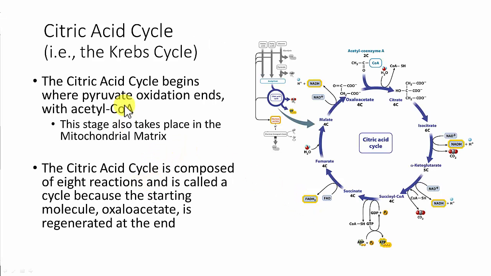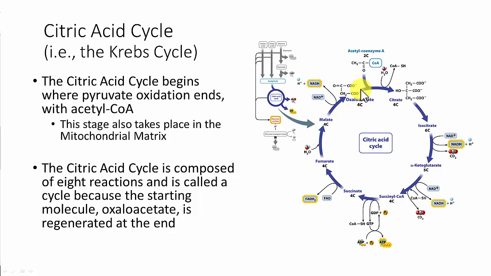So the citric acid cycle, also known as the Krebs cycle, is considered a cyclic metabolic pathway. The reason it's considered cyclic is not because the compounds literally form a circle in the cell. The reason it's considered cyclic is because the starting compound is transformed and regenerated at the last stage of the cycle.